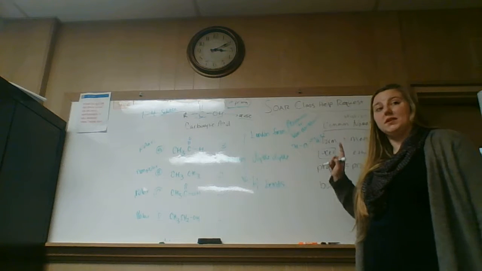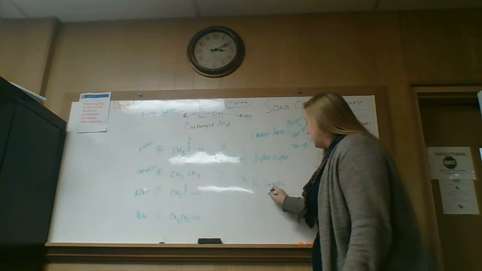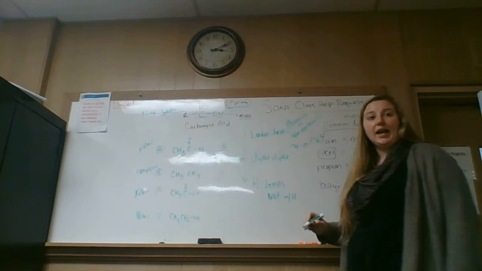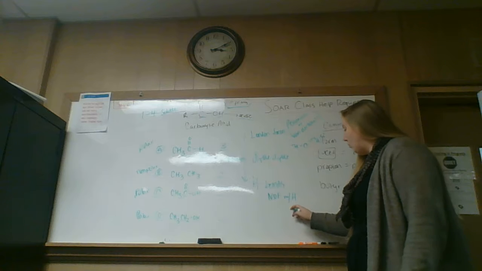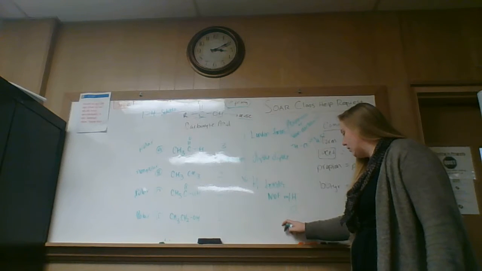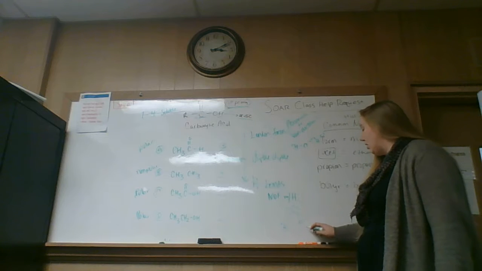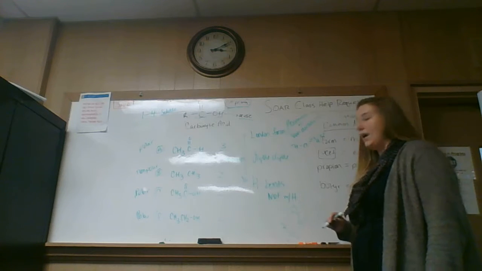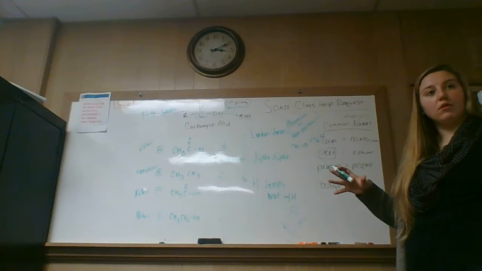Hydrogen bonds are a specific type, and it's anytime you have nitrogen, oxygen, or fluorine bonded with a hydrogen, okay? Water is a really great example. Other water molecules are going to be attracted and can make hydrogen bonds, okay?